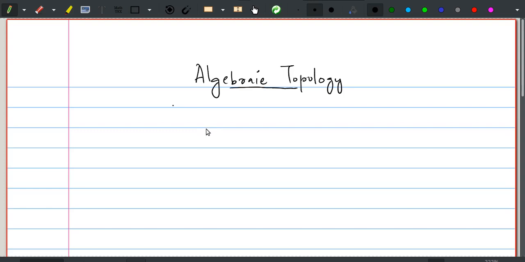Now, in algebraic topology, we study the relationship between topological structures and algebraic structures. And so we go from topology to algebra.